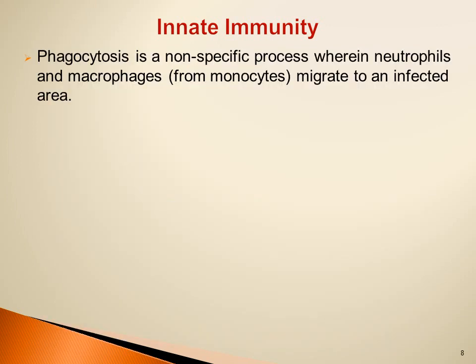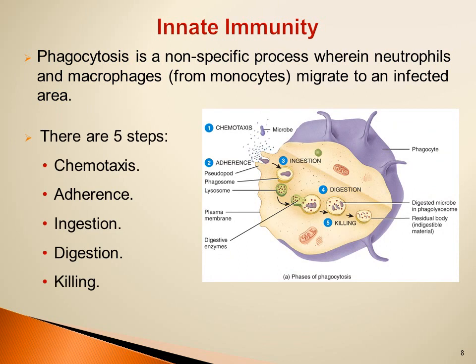Phagocytosis is a non-specific process wherein neutrophils and macrophages from monocytes migrate to an infected area. So the phagocytes are attracted to the area with infection, and there they will do their action. There are 5 steps in phagocytosis. The first step is chemotaxis, or the attraction of the phagocyte to the site of infection.